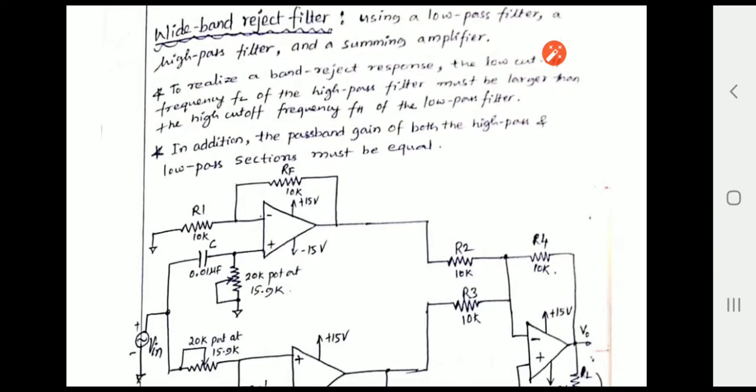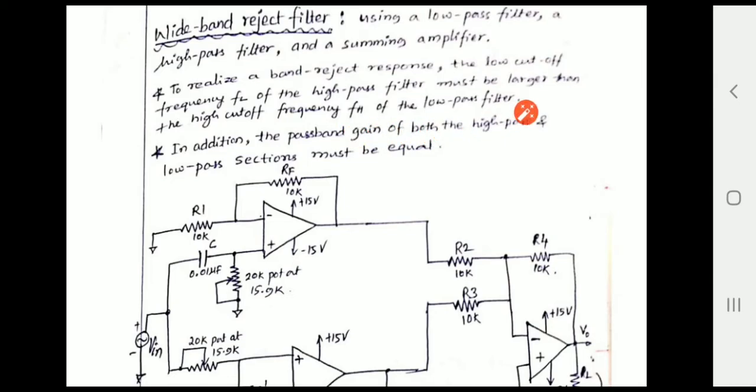In this filter we are going to use a low pass filter, a high pass filter and a summing amplifier. First, there is one condition here. To realize the band reject response, the low cutoff frequency FL of the high pass filter must be larger than the high cutoff frequency FH of the low pass filter.